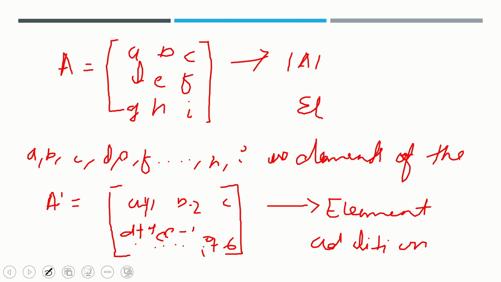But this addition is not beneficial for us.